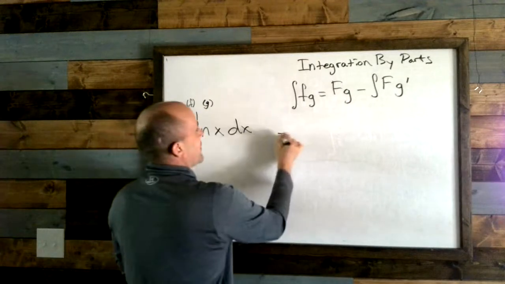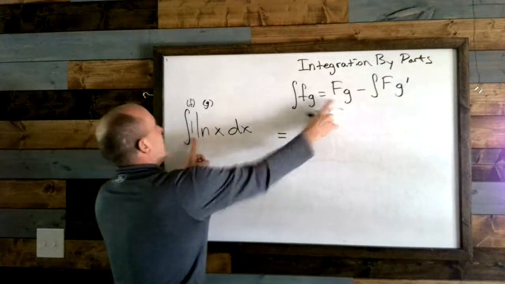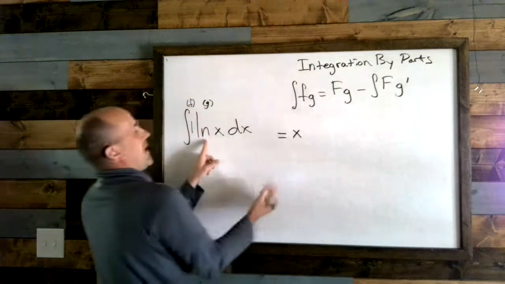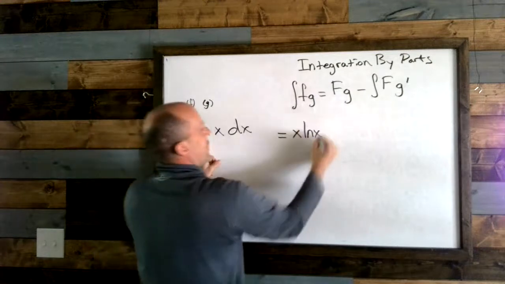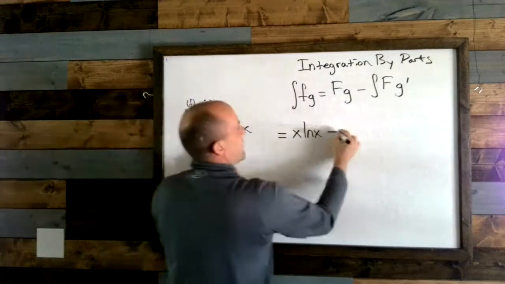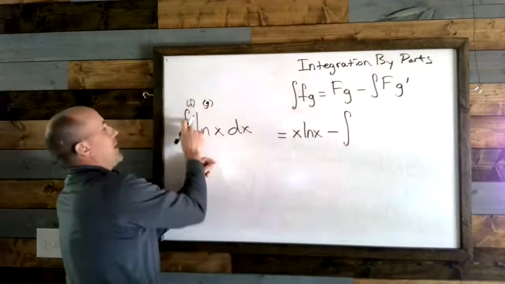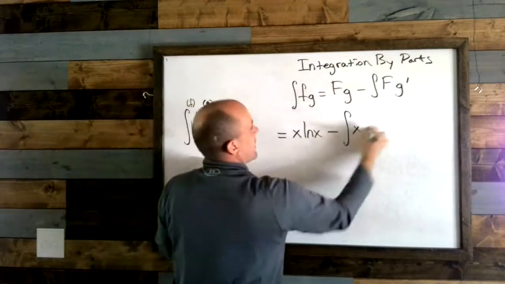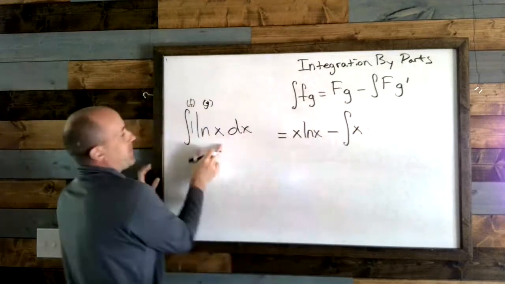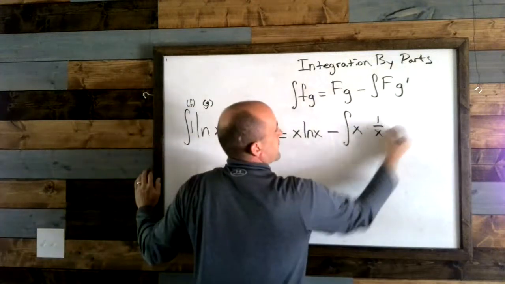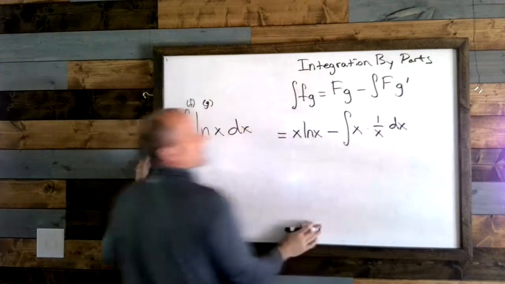And so therefore you get, what is big F? If little f is 1, then big F is x, times g, natural log of x, minus the integral of big F, which is again x, times g prime. What is the derivative of natural log? It is 1 over x, with a dx.